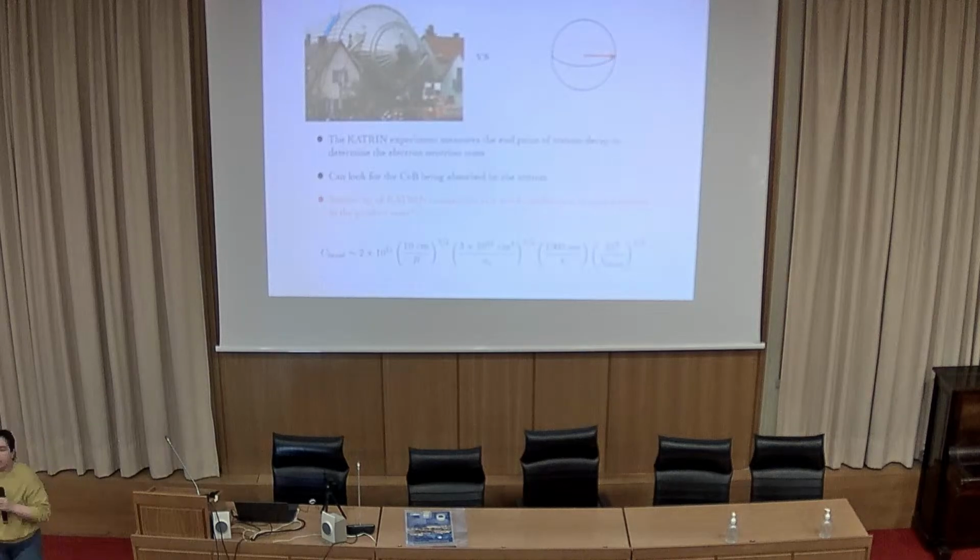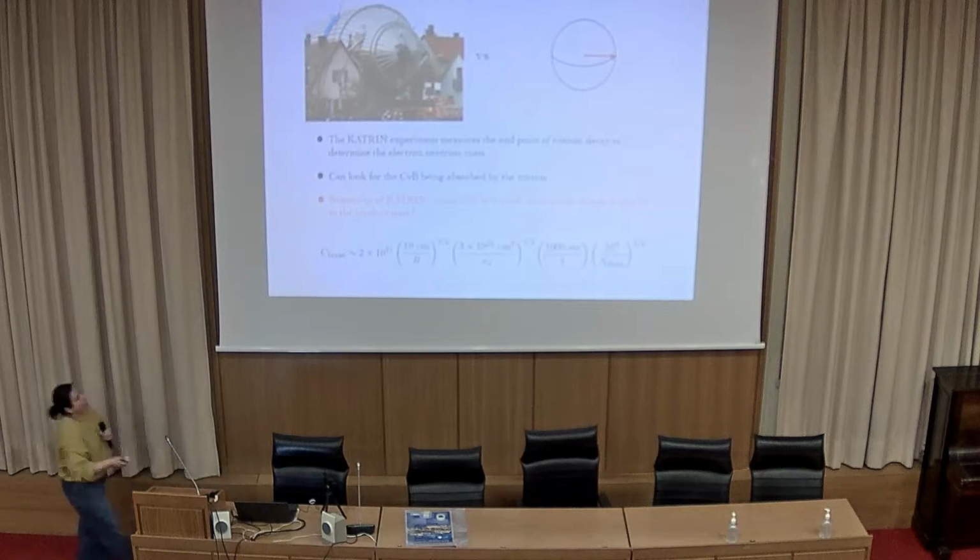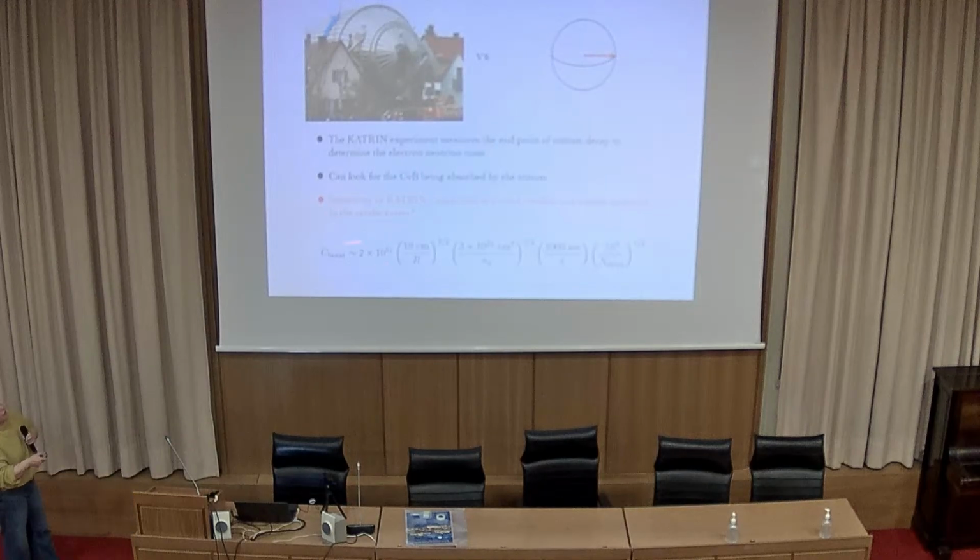In that experiment they did a search for the cosmic neutrino background, and they placed a constraint. They were never able to reach the sensitivity required. They are roughly 10 to 11 orders of magnitude off. Okay? You can actually get the same type of sensitivity as KATRIN, which is this experiment right here.